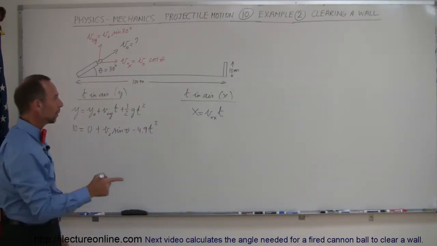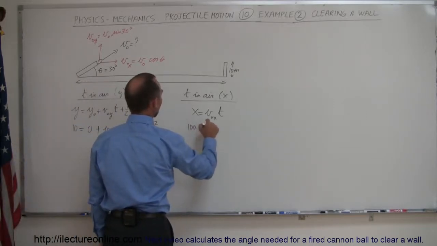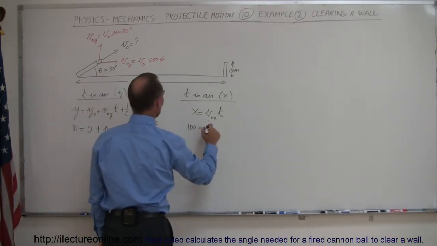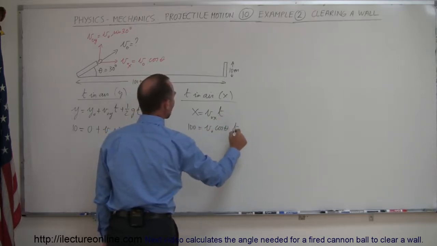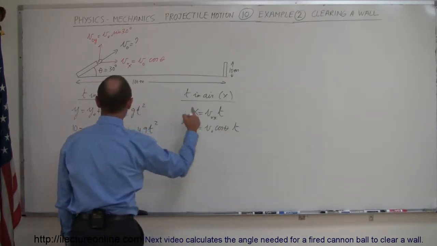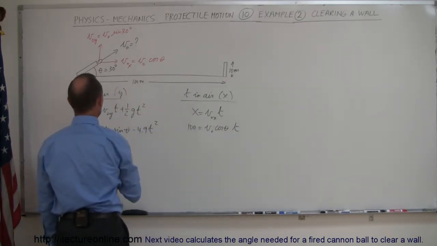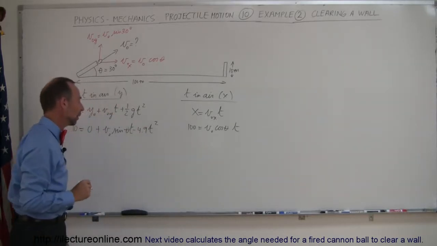So let's plug in what we know. We know that x is going to be 100 meters. And v initial in the x direction is v initial times the cosine of theta, times the time t. Notice that I forgot my t here. I've got to have a t in there as well.